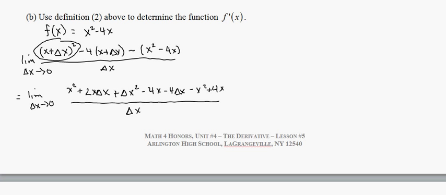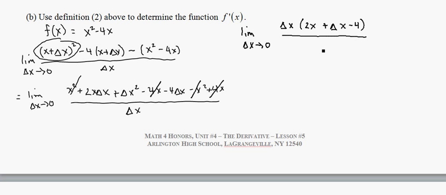Alright, let's start to clean this up a little bit. Let's see what we can cancel. Let's see, we have an x squared canceling a negative x squared, a positive 4x canceling a negative 4x. Depending on how you've been taught to simplify fractions, you're either going to distribute division by delta x, or if you'd like, you could factor delta x out. A lot of students sort of feel safer doing that, so let me do that.